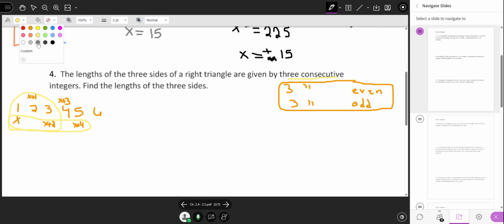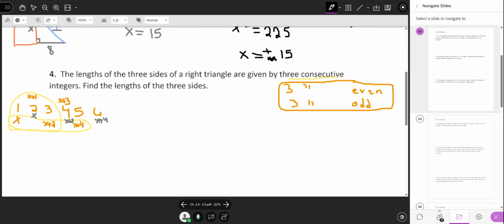If, perchance, I started with 2 being my x, to get to the next even number, I would have to add 2. And to get to the next even number, I would have had to add 2 more, which would make that 4.